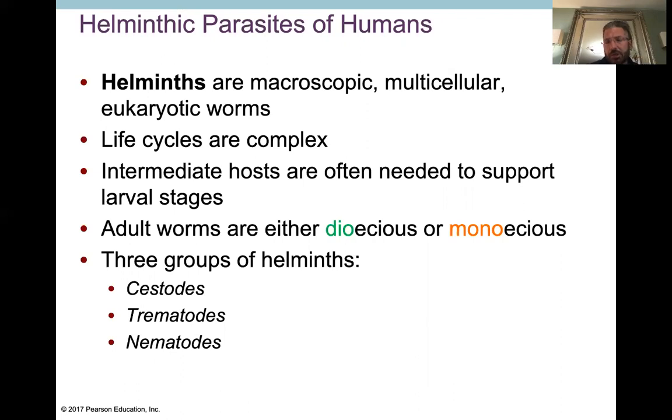Sometimes they're going to shed parts of the worm, or they're going to be shedding off eggs, right? Or sometimes they just shed off little tiny pinworms. You pick them up with your nails. Kids pick it up with their nails as they scratch the end of the rectum, and then they re-inoculate themselves or someone around them. All right, intermediate hosts are often needed to support larval stages.